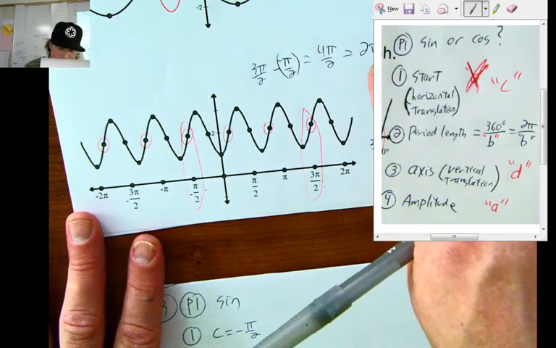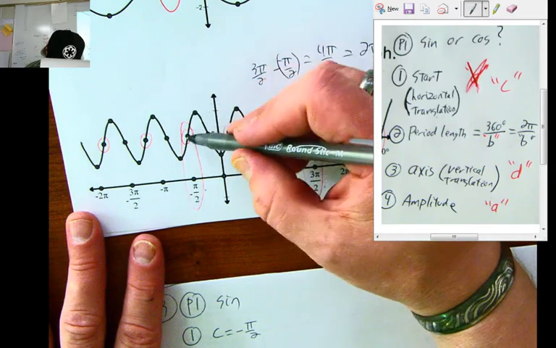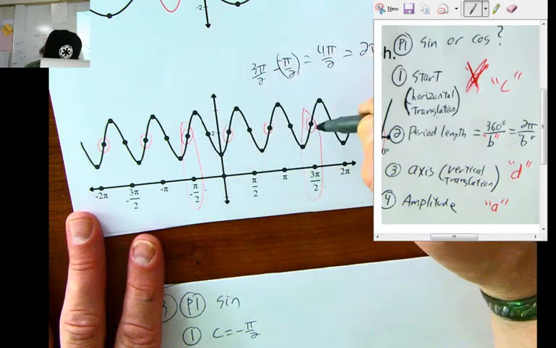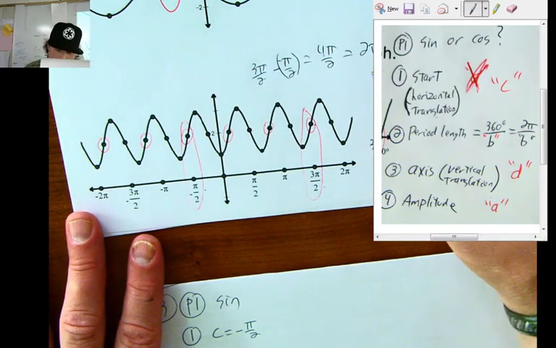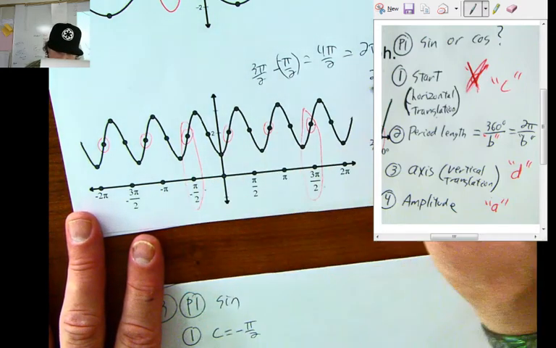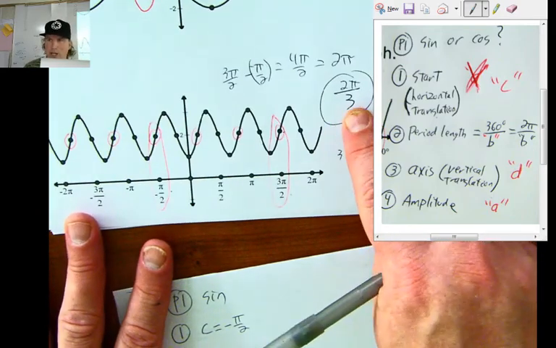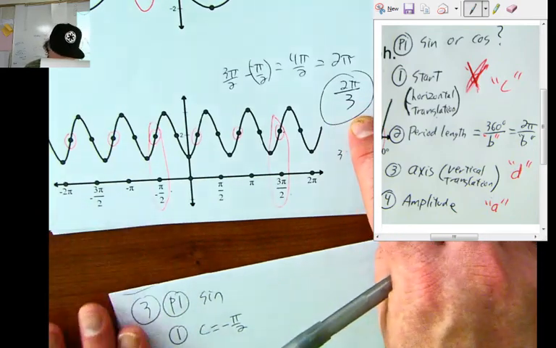Now, that 2 pi is split up over 1, 2, 3 periods. So if I take that total of 2 pi and divide it up amongst 3 periods, each period is 2 pi over 3.